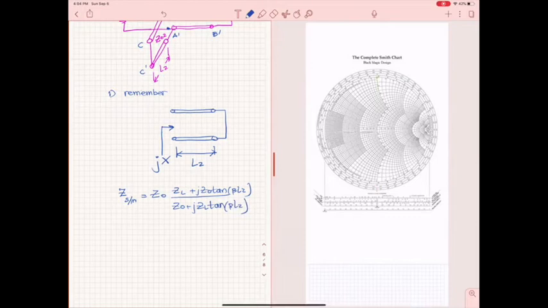All right, where ZL is 0. So what is this going to give us? Equals Z naught j tangent beta L2. Do you agree? So this is always going to be a reactance.